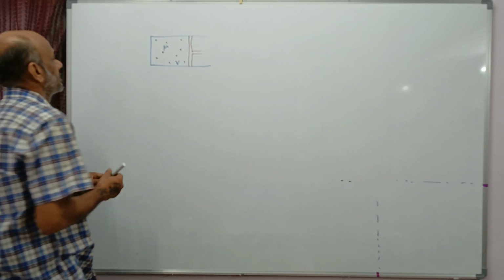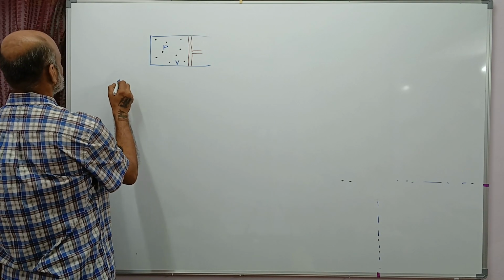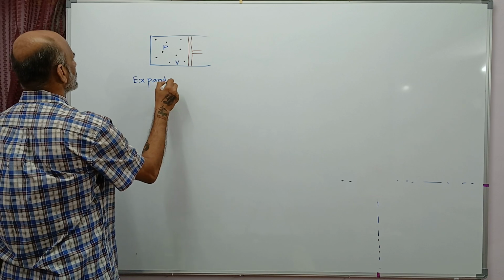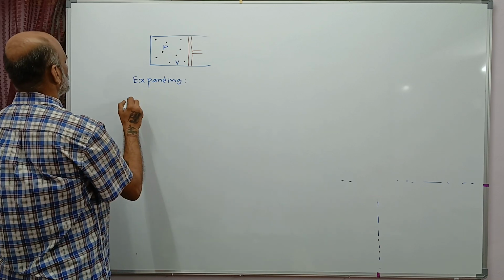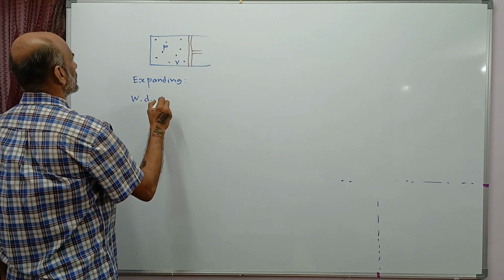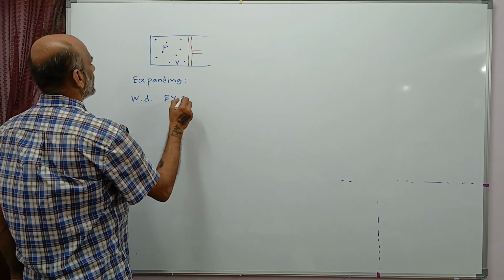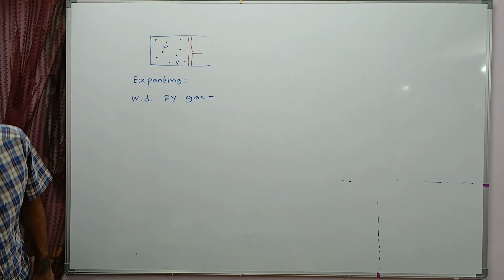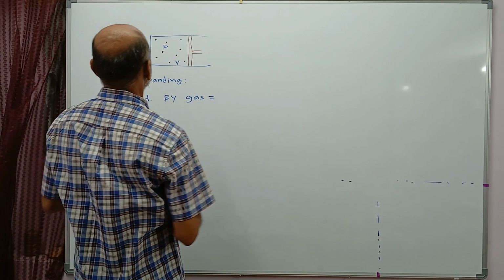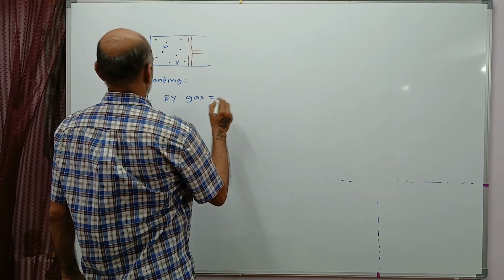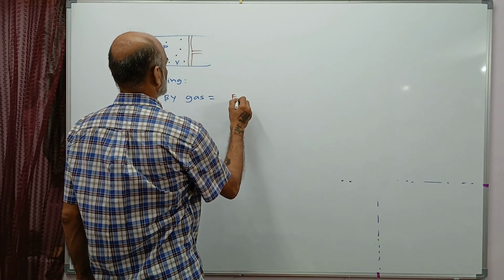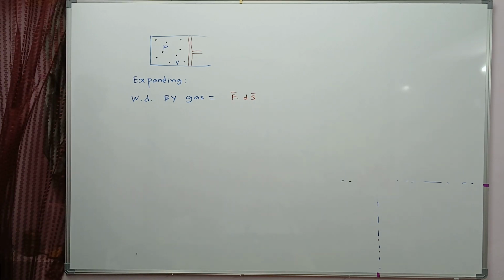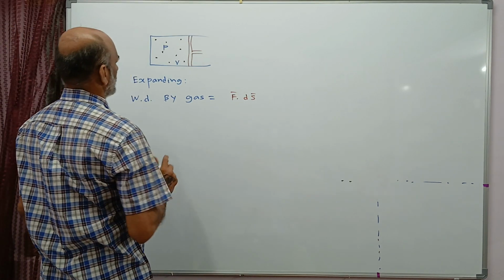So when it's expanding, work is done by the gas. And this work is done on the piston, and work done is F dot ds for a small displacement ds.